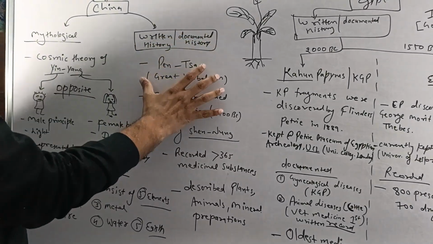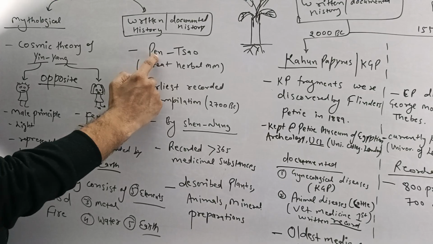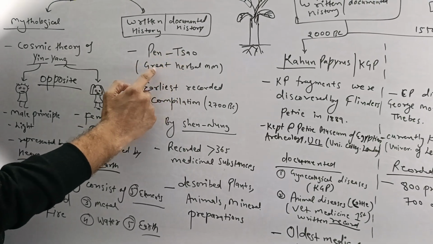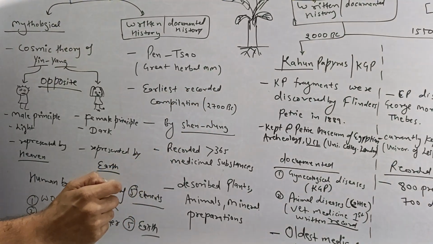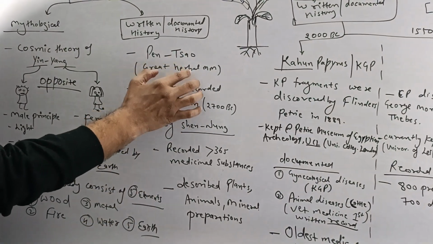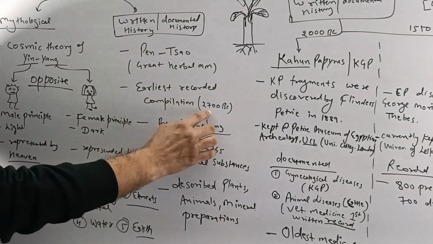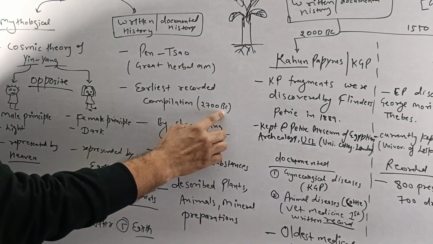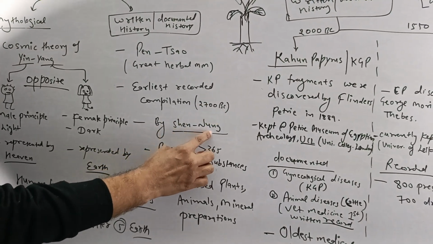But the important part is the documented or written portion, that is the Pensao, which is nothing but a great herbal materia medica. This Pensao is the earliest recorded compilation, which was recorded around 2700 BC by King Shen Nung.